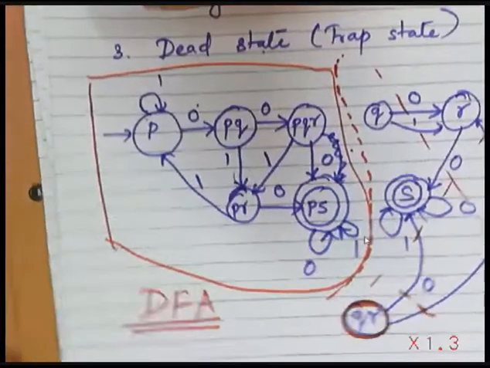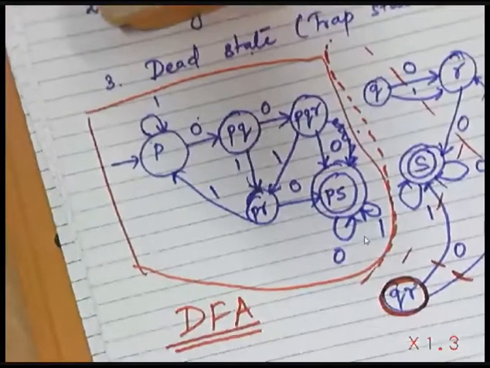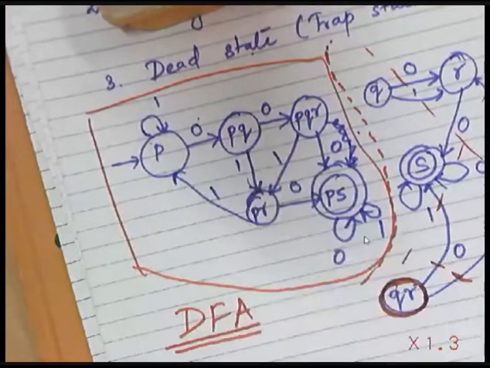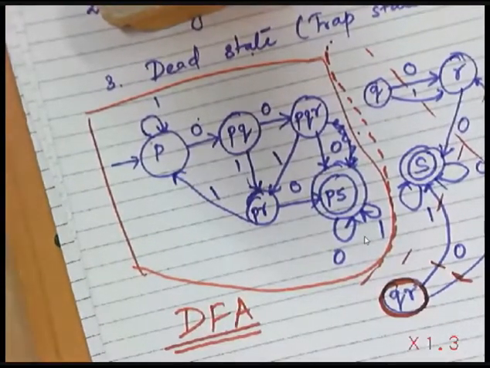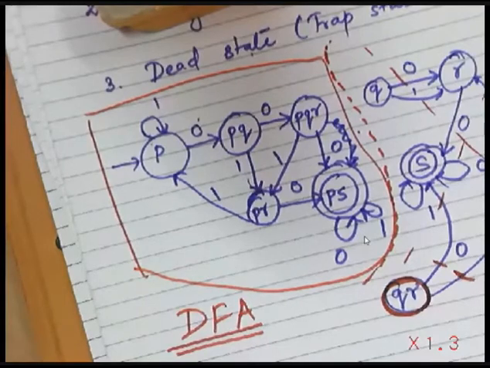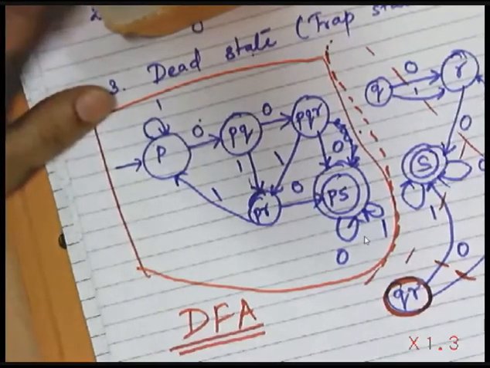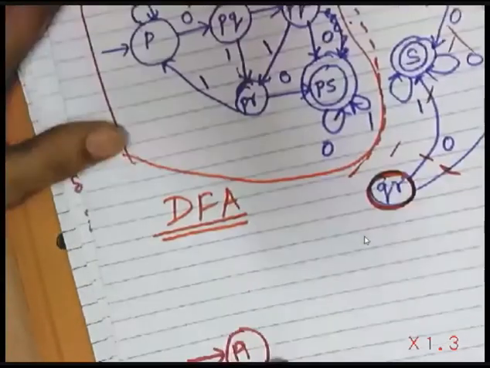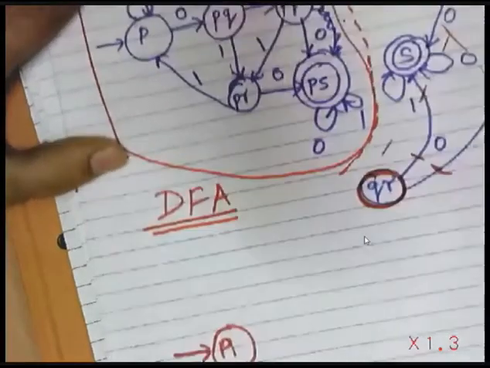As usual, we can now nominate these states, and after nomination our final DFA will be as follows. This will be your A state. Is it visible?